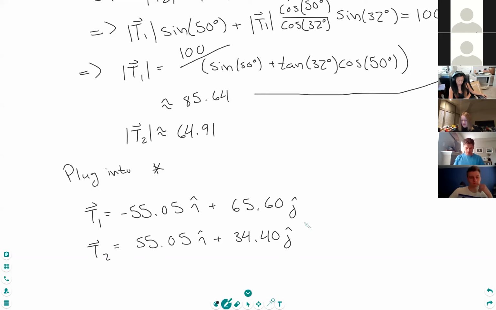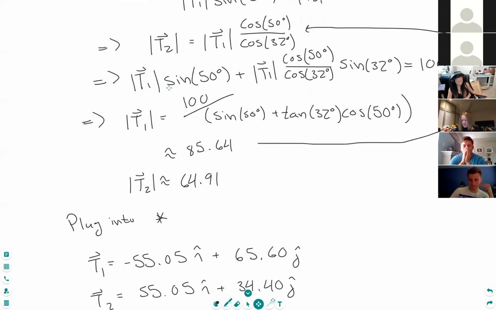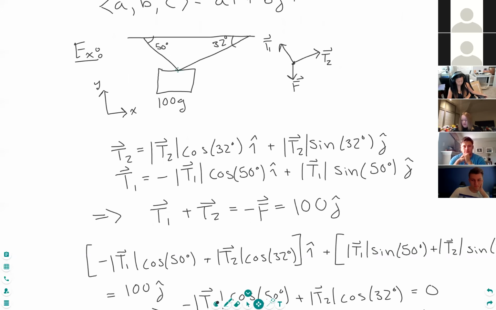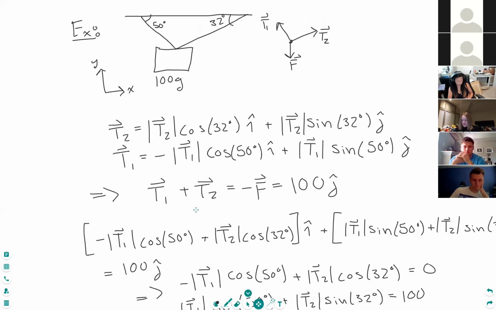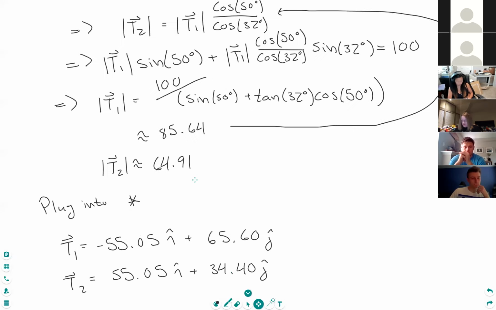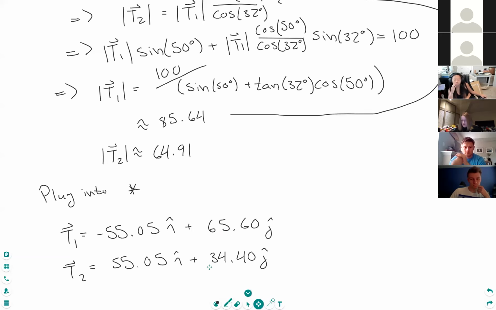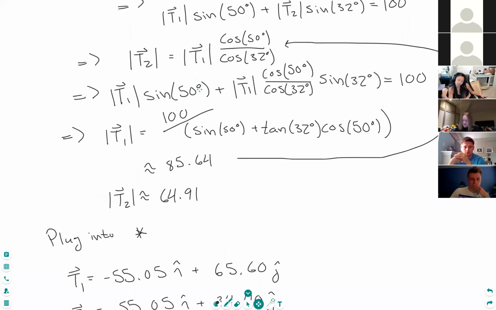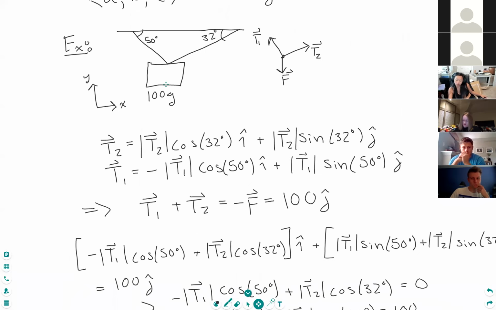So it makes sense that the forces in the x direction for the tensions are canceling. They're exact opposite of one another because gravitation isn't contributing horizontally at all. So it makes sense, since this box isn't moving, that our x values cancel, right? And if we look at our y values, these add up to 100, right? And that makes sense because it should cancel with the -100 that's going from gravitation down here.